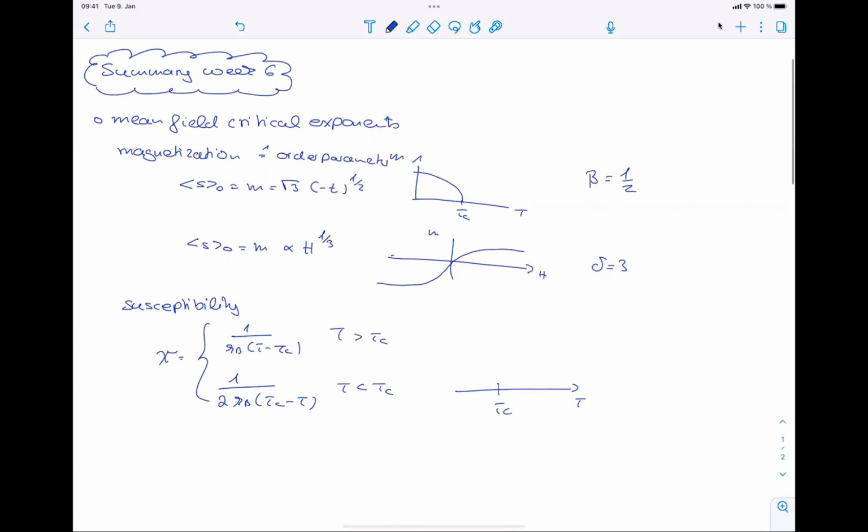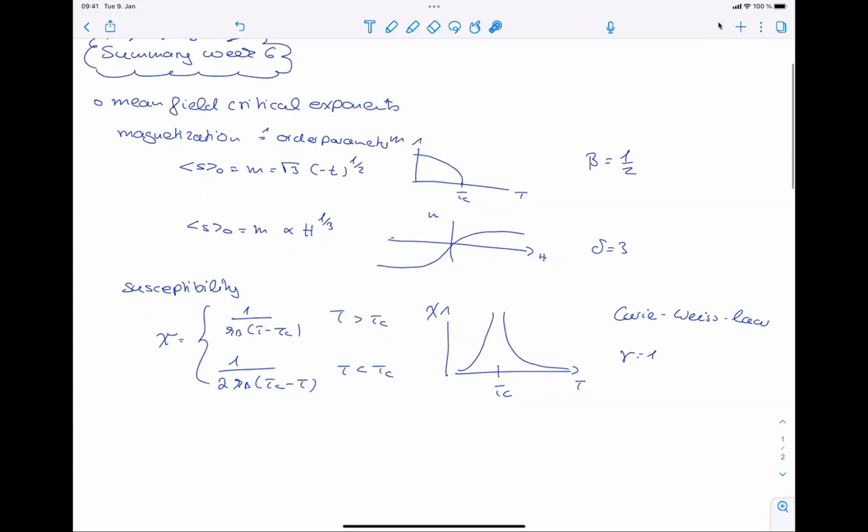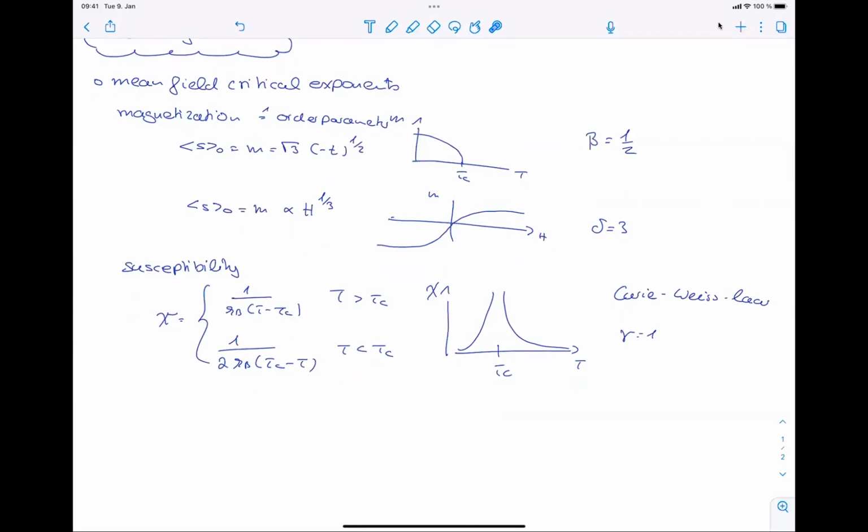So this is Tc, this is chi, okay, not well drawn. And that's also known as the Curie-Weiss law, and tells us that the exponent of the reduced temperature is 1. And so you can see that these critical exponents are defined as 1 over delta in this case, to the power of beta, and here minus gamma, right? So this goes back to their definitions.